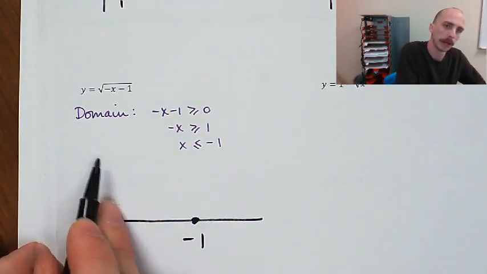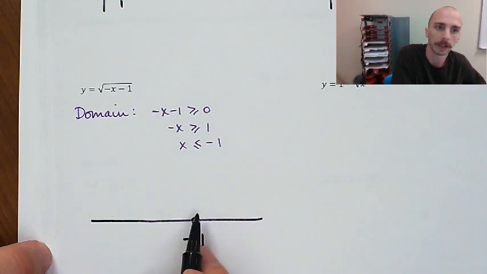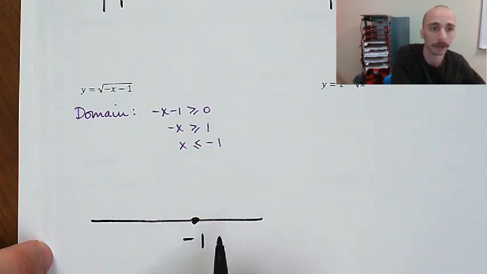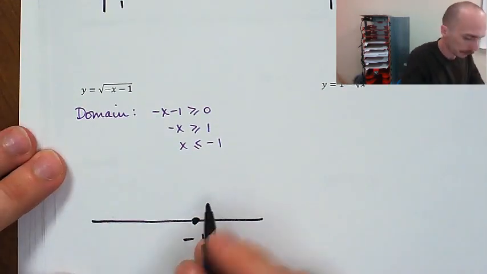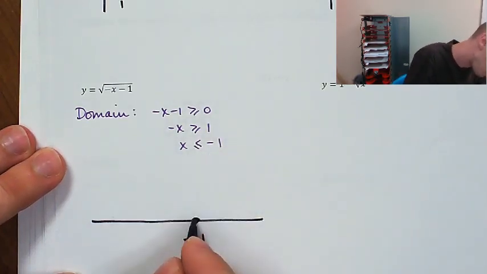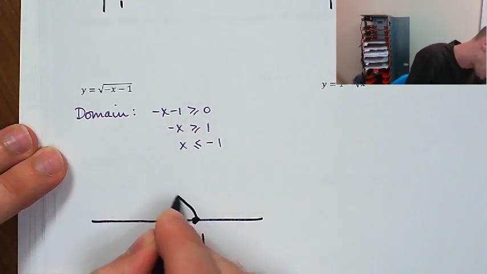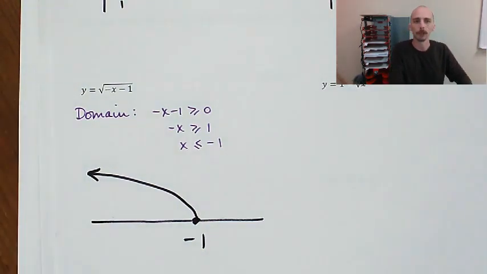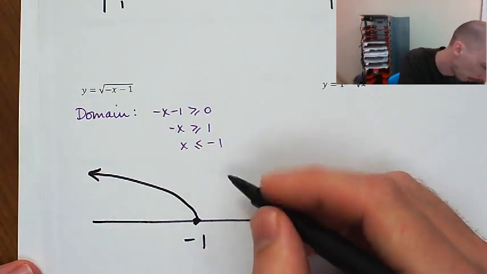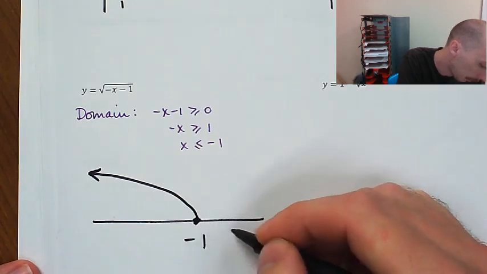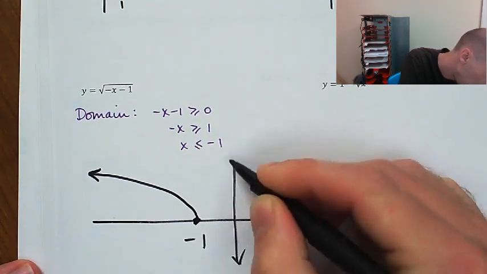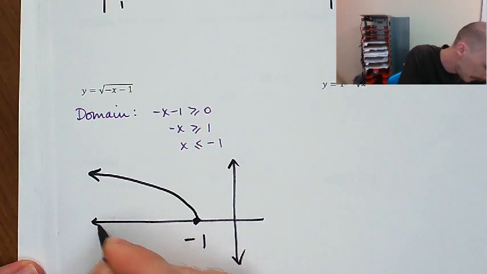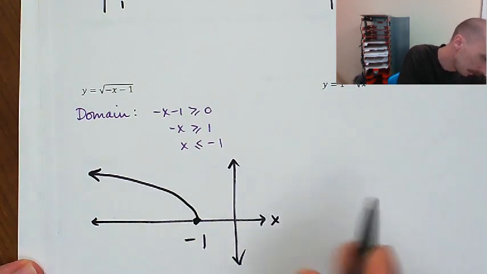It's going to open back to the left because all of the x's that comprise this graph are where x is less than or equal to -1. And if you needed to make a table, plot points, and connect the dots, there's no shame in that. I'm just trying to use my reasoning skills to plot a graph. The y-axis is going to be to the right of x equals -1. Put that there.